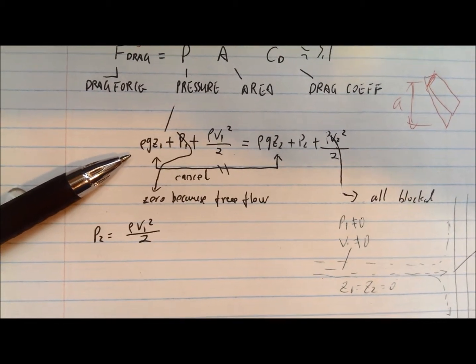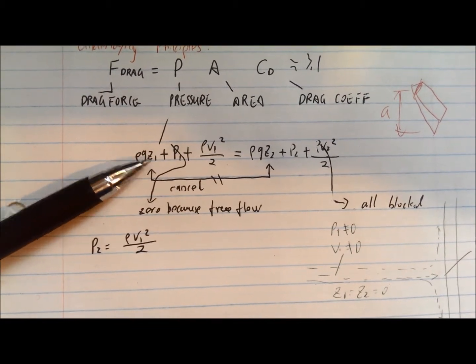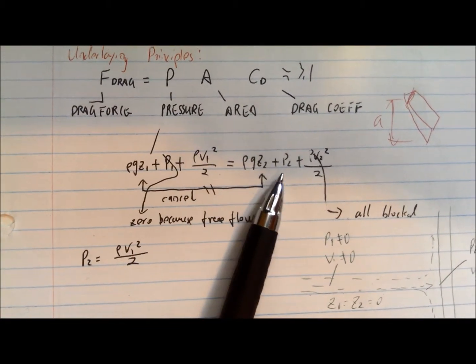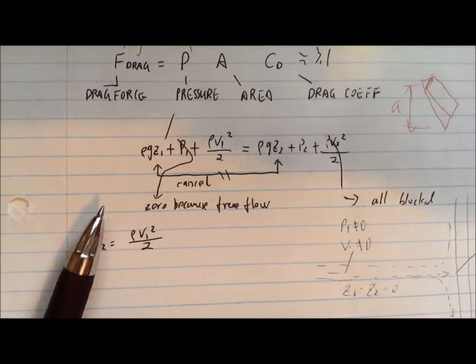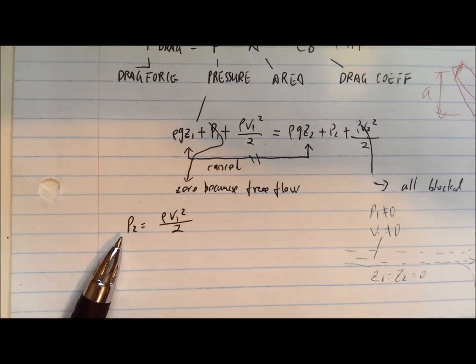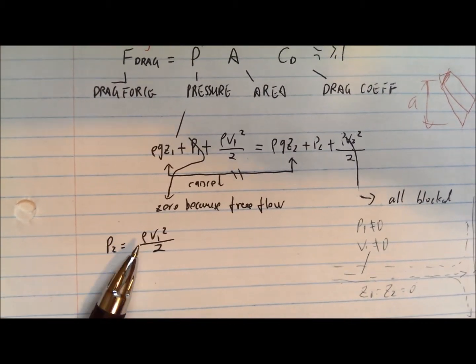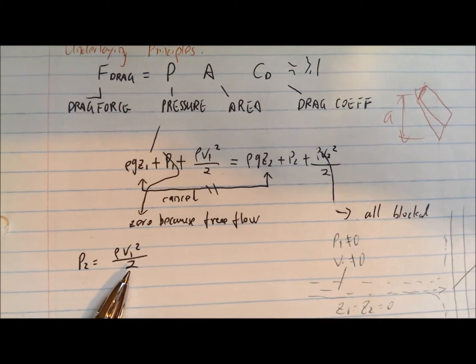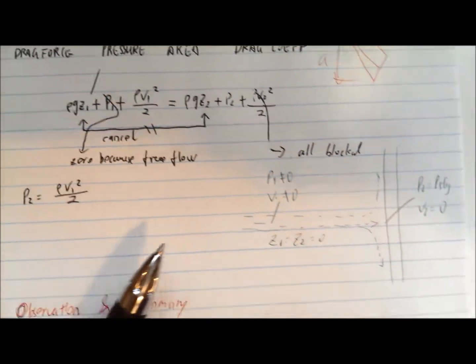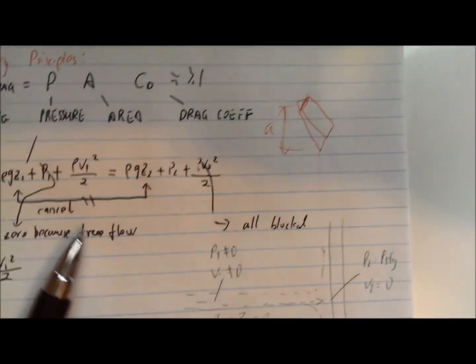The pressure on the left side before hitting the wall is 0, so we cancel that out. After that, we have a stagnation pressure, and Z1 equals Z2, so it cancels out. In the end, we get the pressure at point 2 equals rho v1 squared over 2. We know the density of the air as well as the velocity of people walking, so we are able to calculate the pressure. And this is the diagram showing the same thing as the formula.